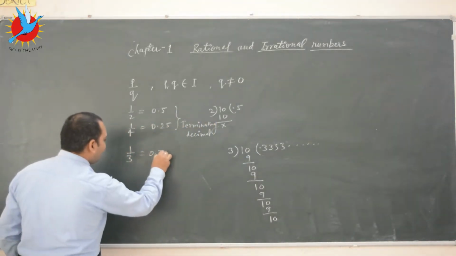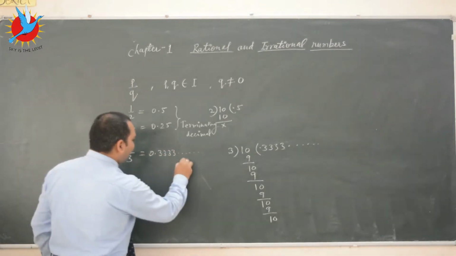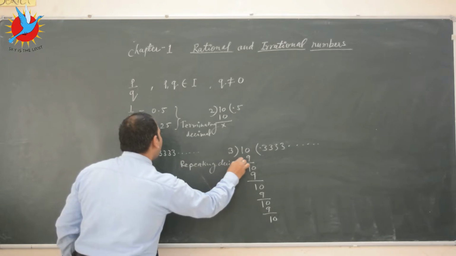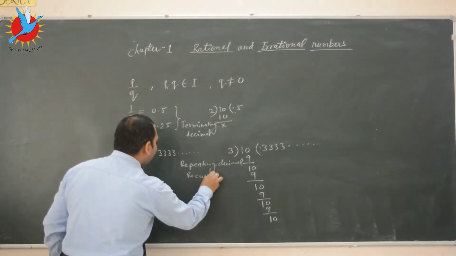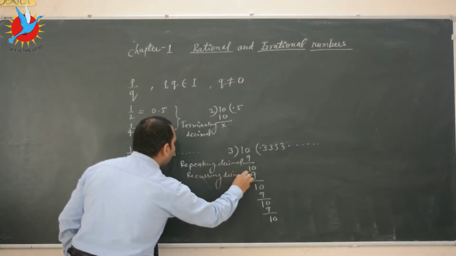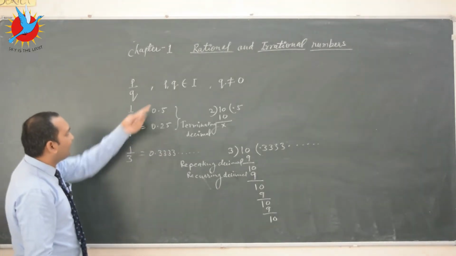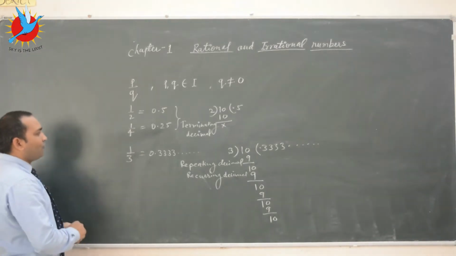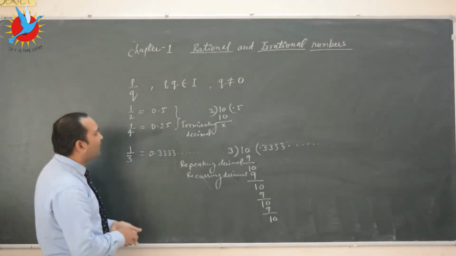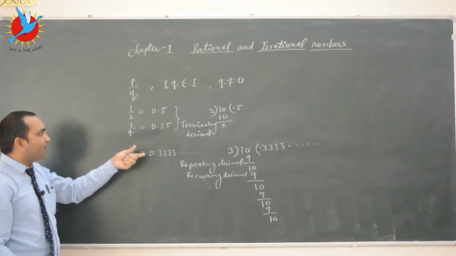This is a repeating or recurring decimal. So today we learn about the terminating decimal and the repeating decimal in a rational number. A rational number is either a terminating decimal or a repeating decimal. Today we read about this.